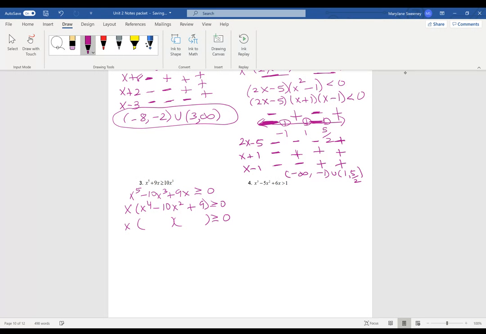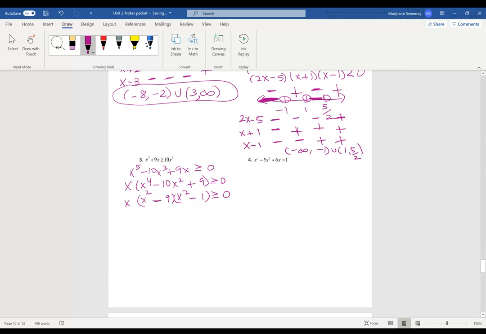I want what multiplies to positive 9 and adds to negative 10. So I'd want 9 and 1, both minus. Now, those are differences of two perfect squares. So this is x plus 3, x minus 3. This is x plus 1, x minus 1.